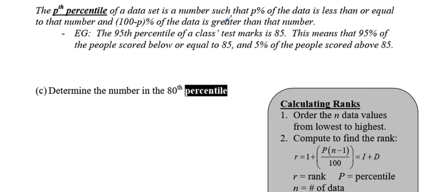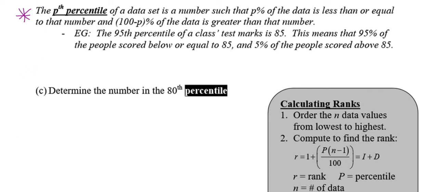Let's say that on a test you got 85 and you were at the 95th percentile. That means 95% of the class scored less than or equal to what you scored, and only 5% of the people did better than you did. So that's what a percentile means. Please make sure, because on tests, quizzes and exams, there are sections where you have to explain what a percentile means.